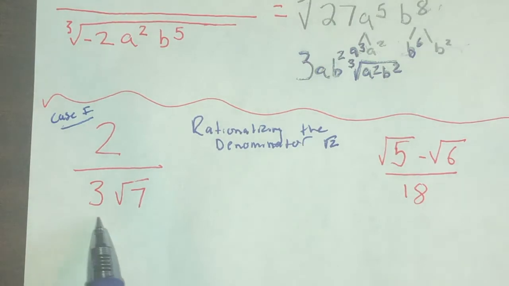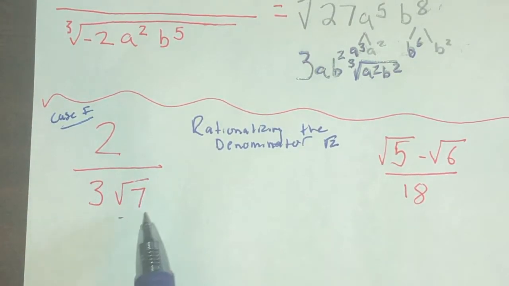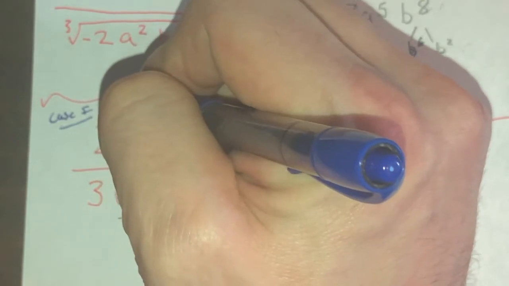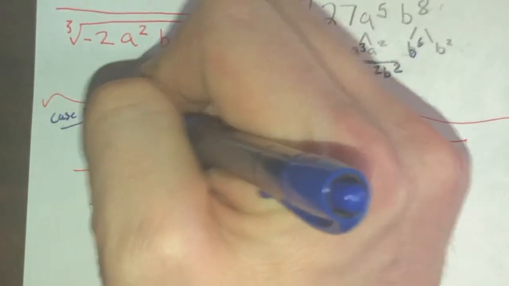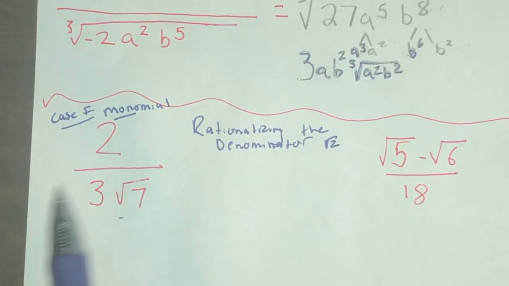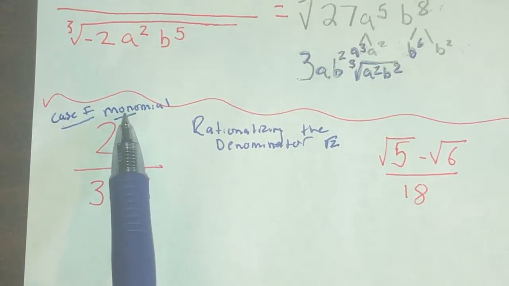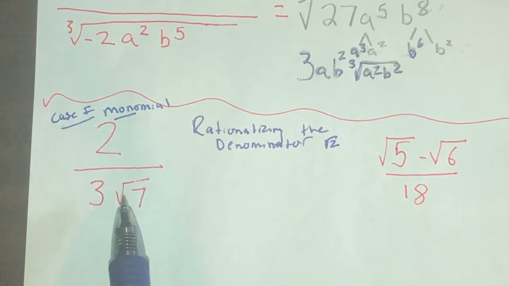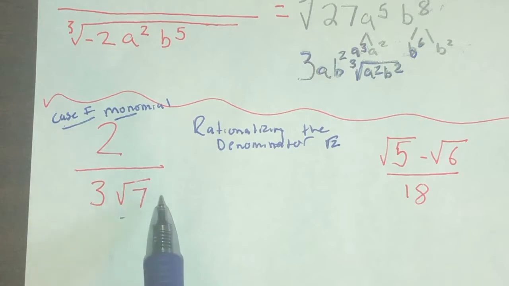In case 1, there's what we call a monomial down in the denominator, which means it's only one thing. So case 1, monomial, one thing. 3 square root of 7, one term, right? Remember, we said nomial, meaning number. There's only one number here, that is 3 square root of 7.